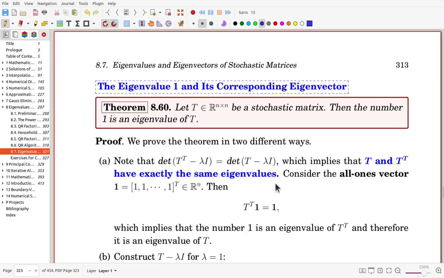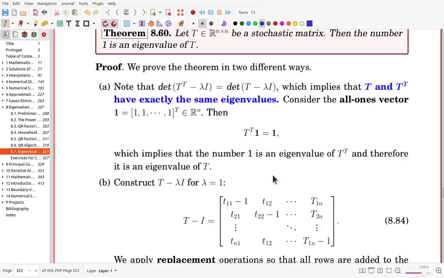We'll try to prove the theorem in 2 different ways, because the proofs themselves will be useful for you later on.